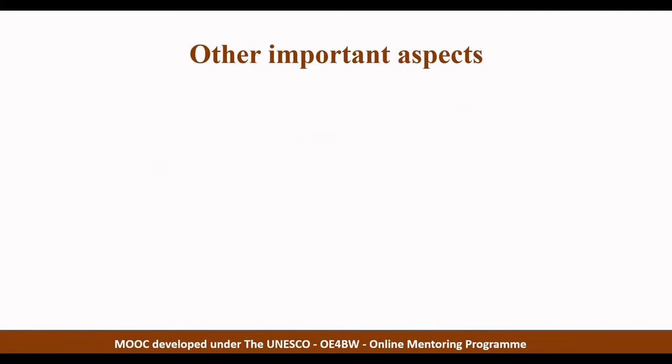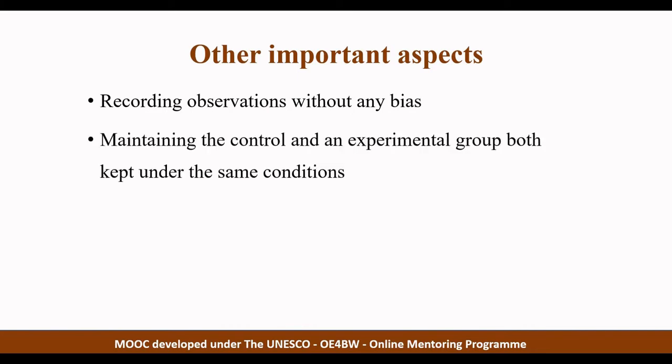When qualitative variables are considered, as in the observational studies, the researchers must ensure that the observations are recorded without any bias. Many empirical studies also have a control and an experimental group, both kept under the same conditions so that the treatment or experimentation technique is the only difference between the two.